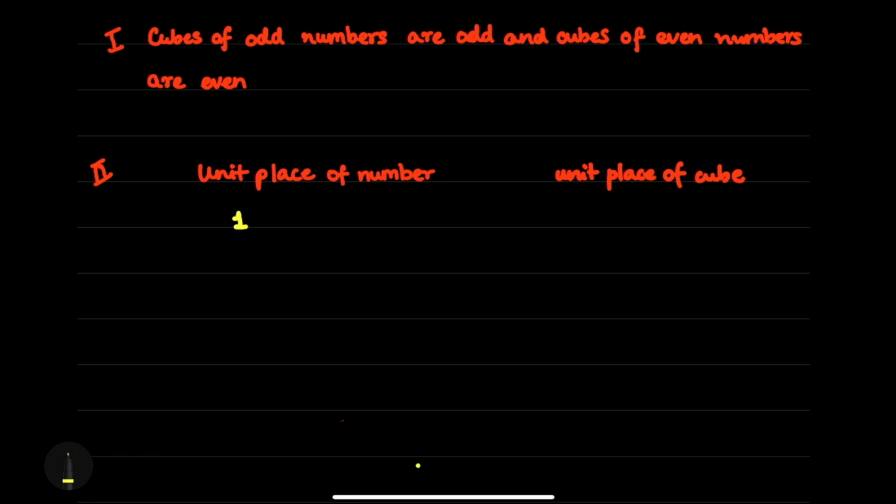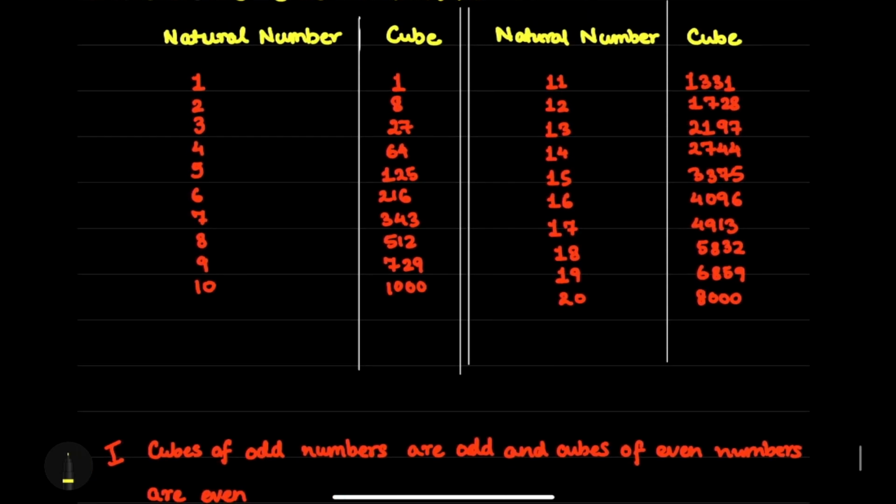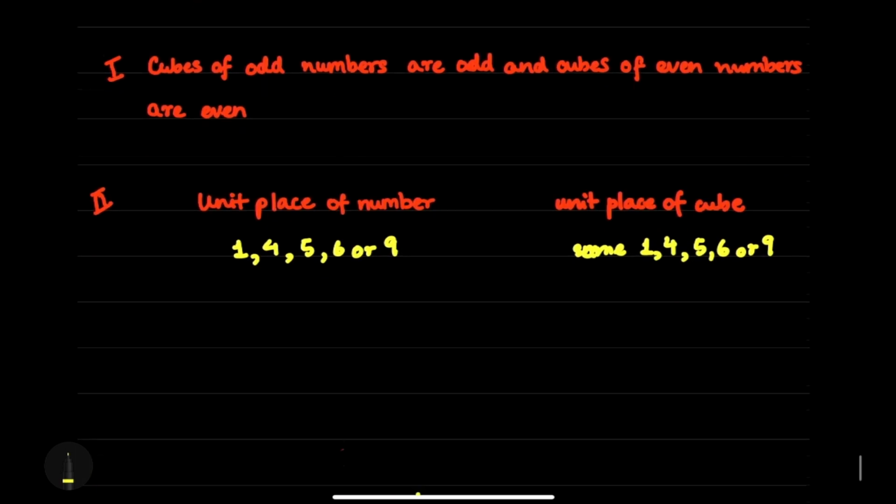If it is 1, 4, 5, 6 or 9, then it would be the same 1, 4, 5, 6 or 9. If we go back again, for 2 in the unit place, you will have 8 in the cube unit place. For 8 in the natural number unit place, you will have 2 in the cube unit place.